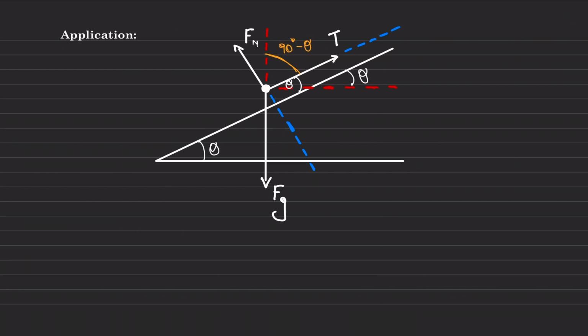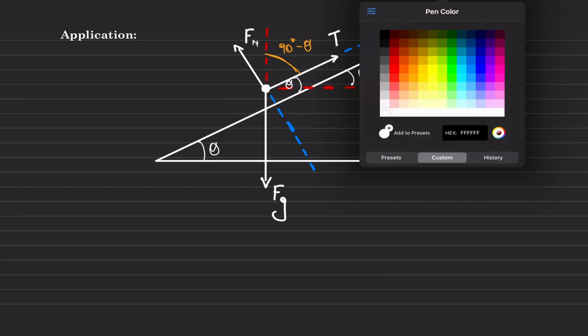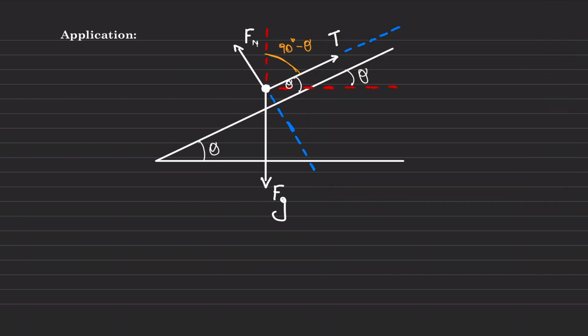But then, let's consider what is the angle between this horizontal blue line and this one, the normal force. In other words, what is this angle here? I hope by now you should be able to comfortably deduce that this angle here, which I will label with a, let's go purple, must also be theta.